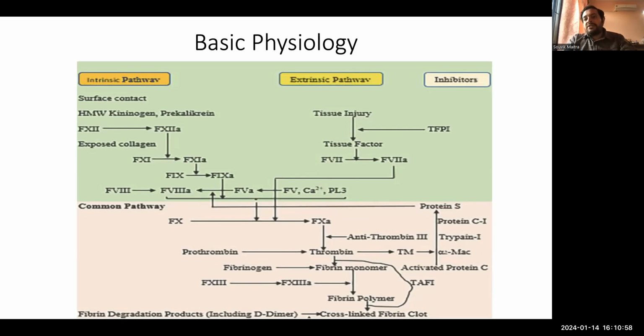Tissue factors are expressed mainly in the vascular smooth muscle cells, and also in some amount in human monocytes. Tissue factor ultimately activates factor 7, from factor 7 factor 10 is activated, and factor 10 ultimately activates thrombin.